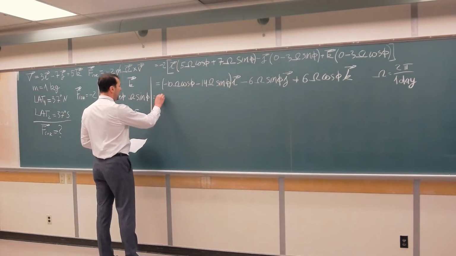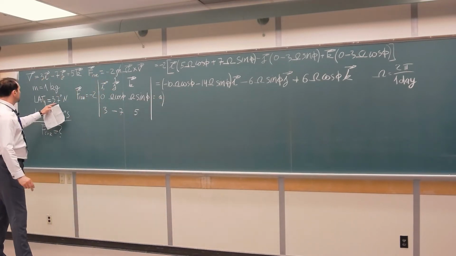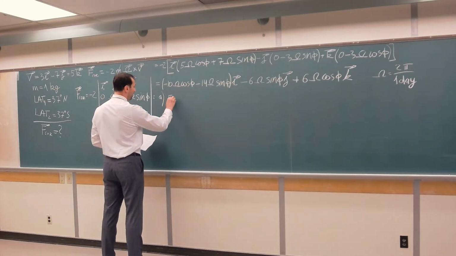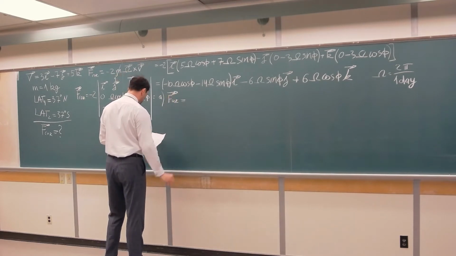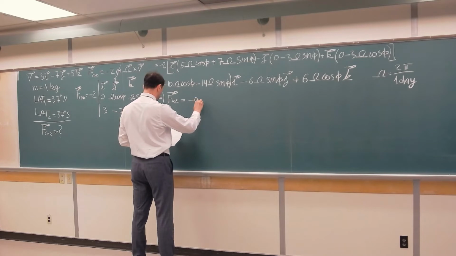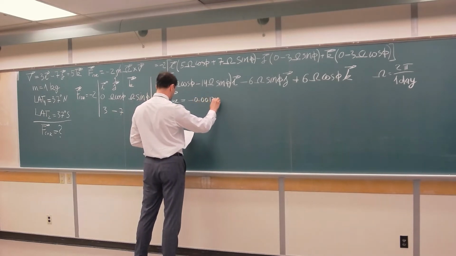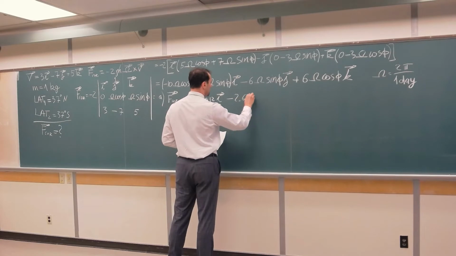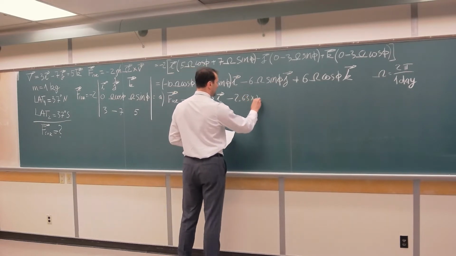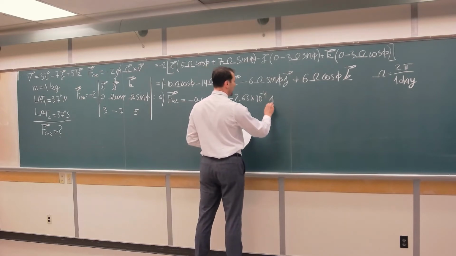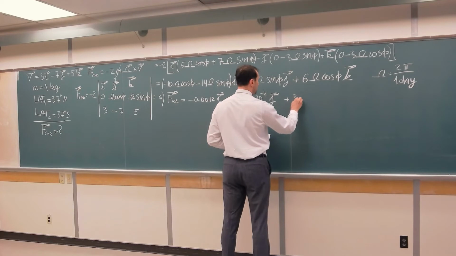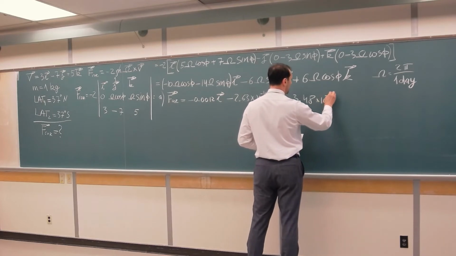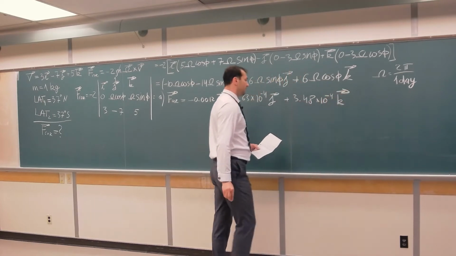So in case A, which is 37 degrees north, we have the result that says that F Coriolis is equal to negative 0.0012 in the i direction, minus 2.63 times 10 to the power negative 4 in the j direction, and plus 3.48 times 10 to the power negative 4 in the k direction.